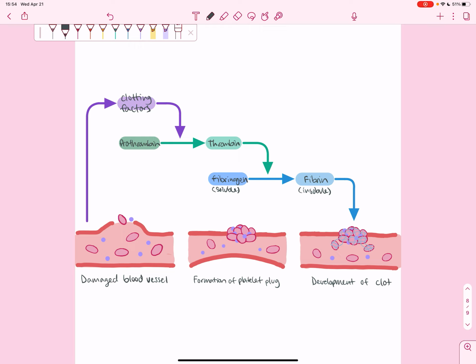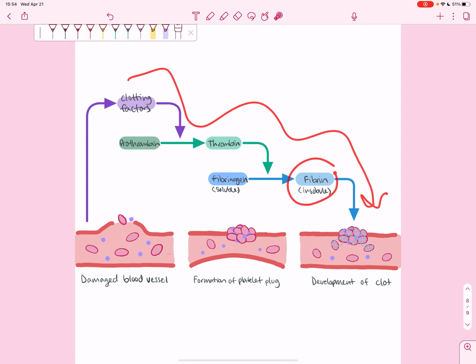So from the damaged blood vessel, we form a platelet plug. So these little guys here are my platelets. So they make a plug by forming a clot of red blood cells to close off that hole. And then through this cascade, we end up with fibrin, right?